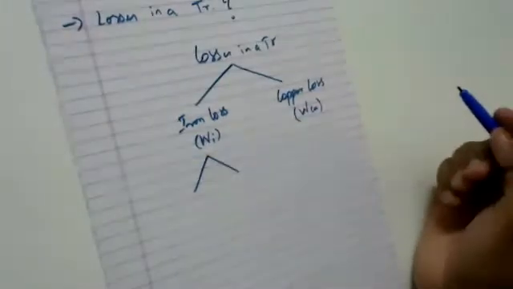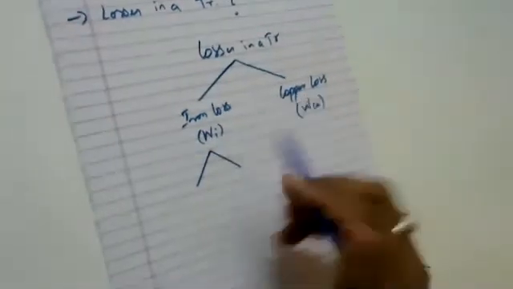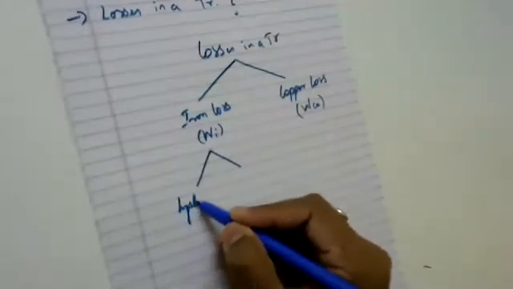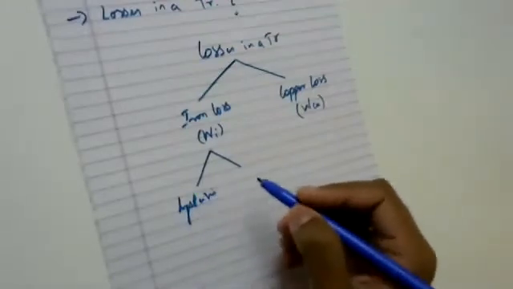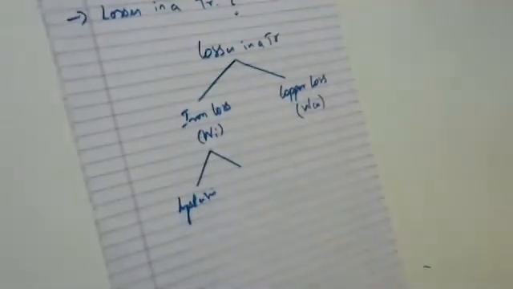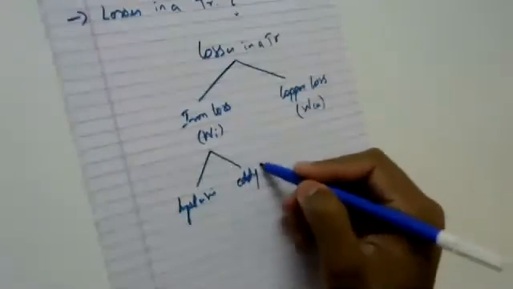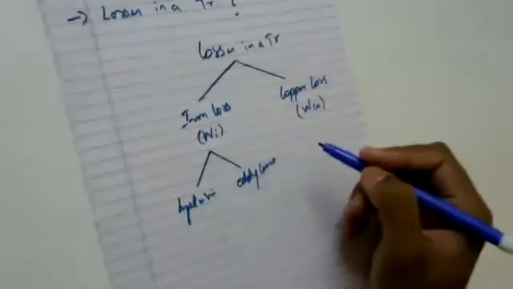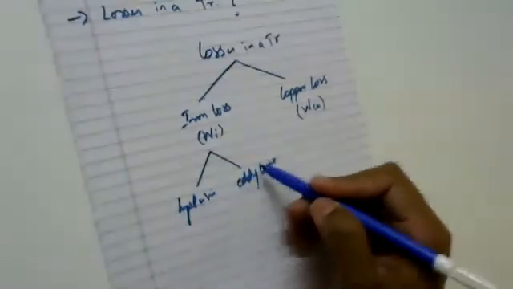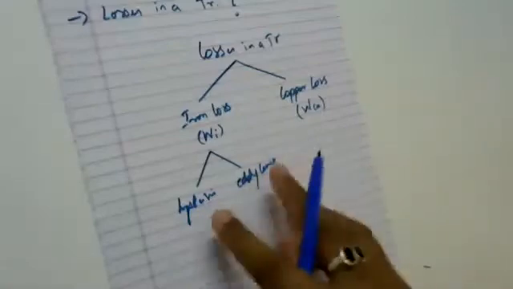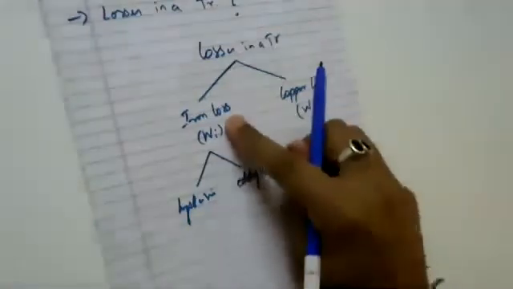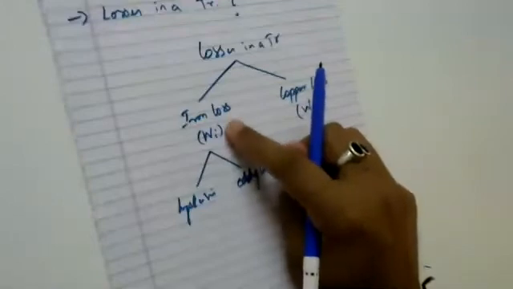One is called hysteresis loss, and one more loss is called eddy current loss. So these two have been defined under iron losses in a transformer.